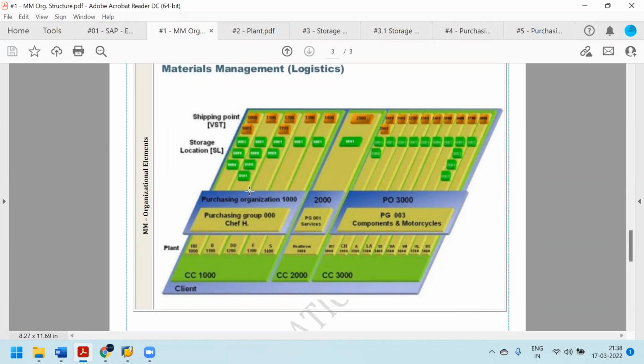Okay, and in order to buy, because when we are making buses, trucks, or cars, of course components and raw materials are required. So for components or raw materials, we have the purchasing organization.